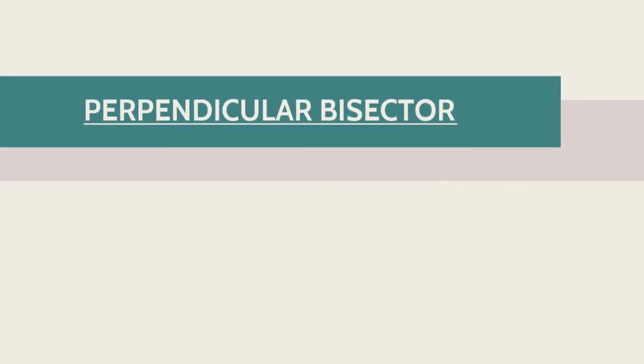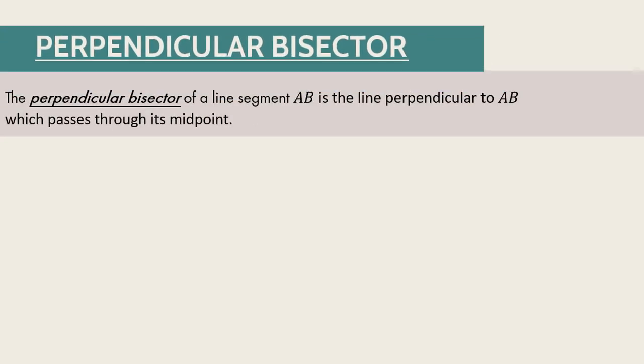In the next section, we are going to learn about the perpendicular bisector. The perpendicular bisector of a line segment AB is the line perpendicular to AB which passes through its midpoint. So let me give a segment AB like this. This is the perpendicular bisector of AB.